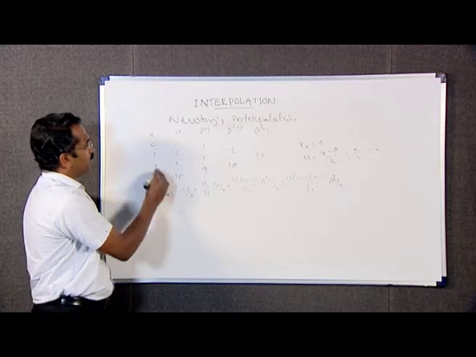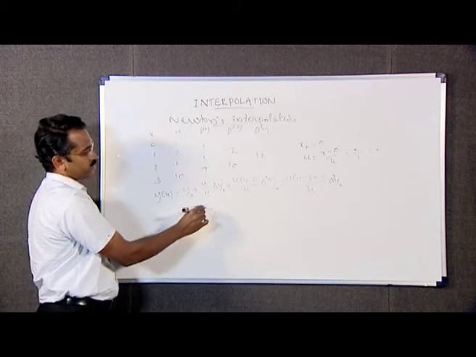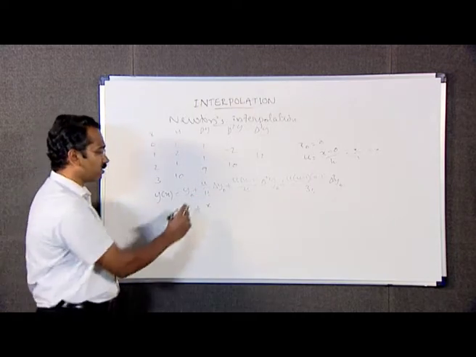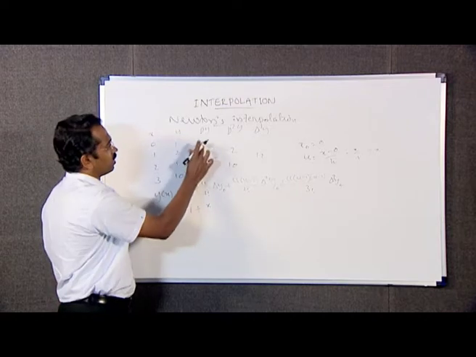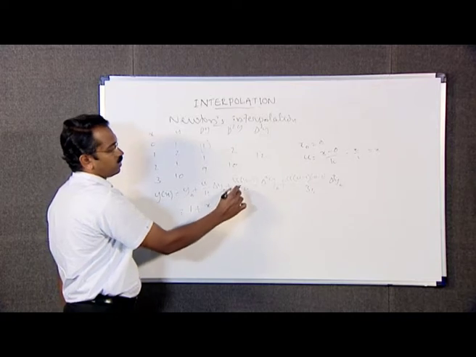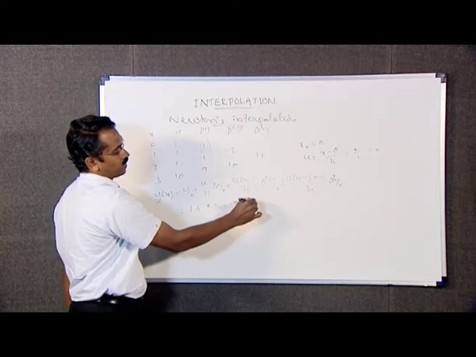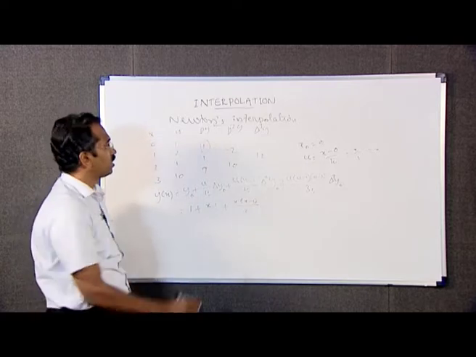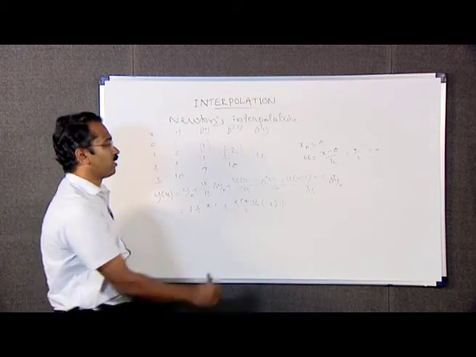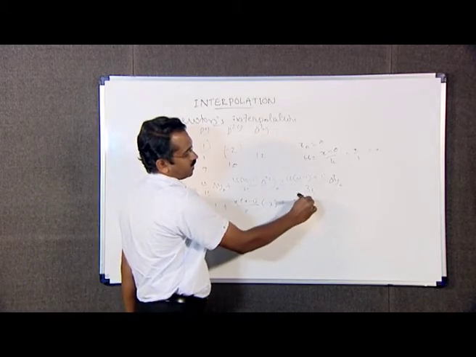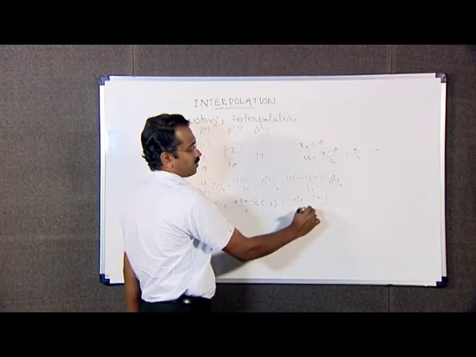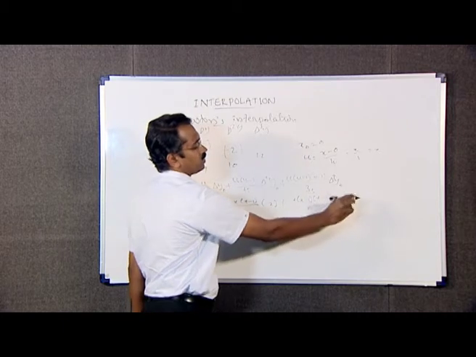which is equal to: here y naught, the first value of y, is 1, plus u is x, x by 1 factorial is x itself, into delta y naught, which is 1, plus x into x minus 1 divided by 2 factorial, which is 2, delta square y naught is minus 2, plus x into x minus 1 into x minus 2 divided by 3 factorial, which is 6, into delta cube y naught, which is 12.